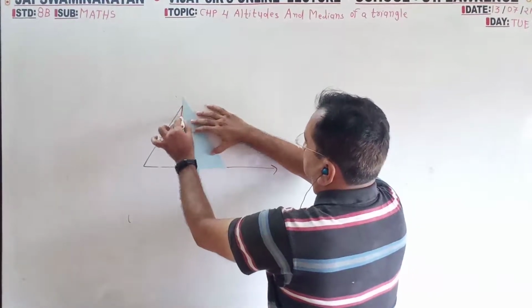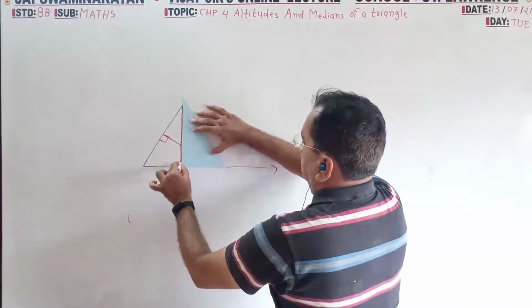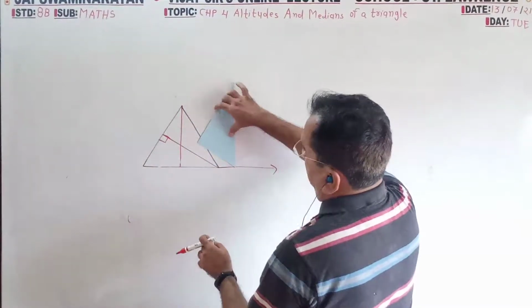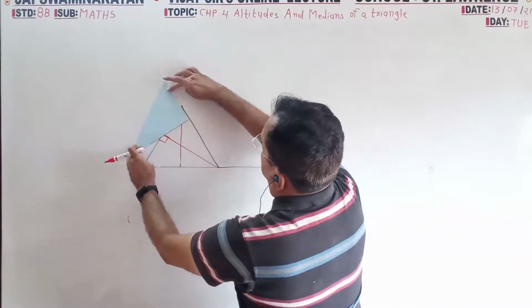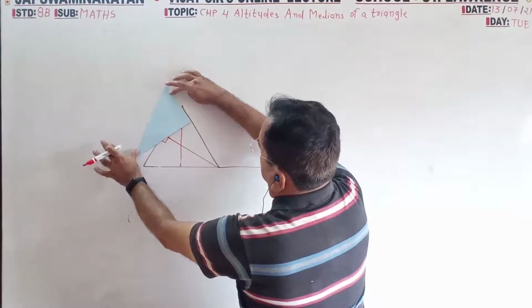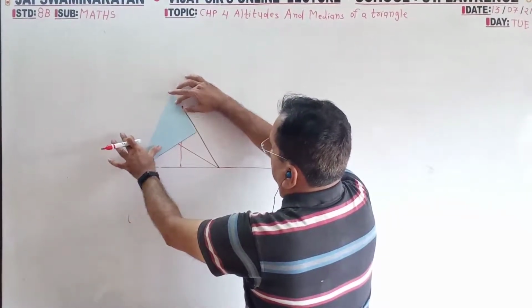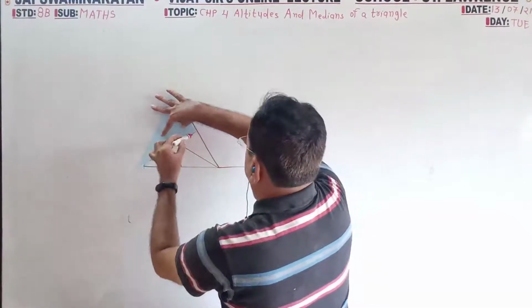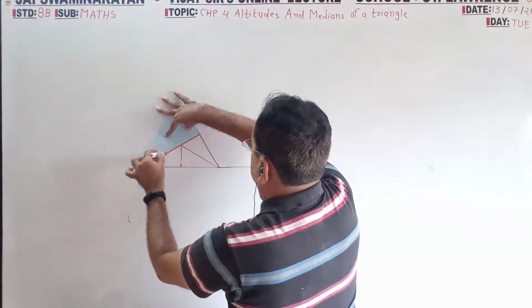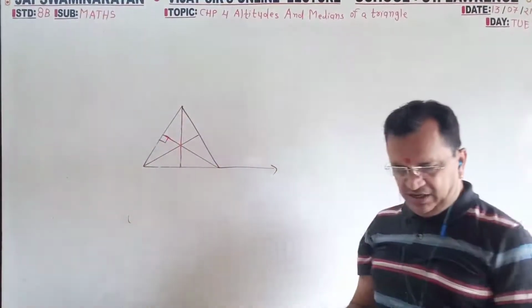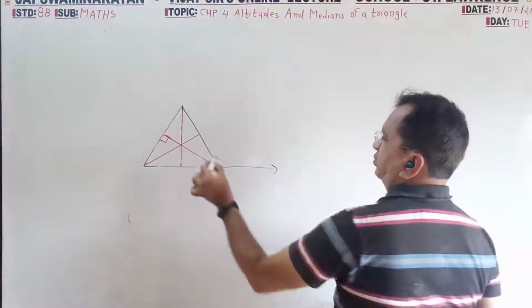Now from this, shift like this. So all three lines will pass from a single point. So that point is known as the concurrent point.